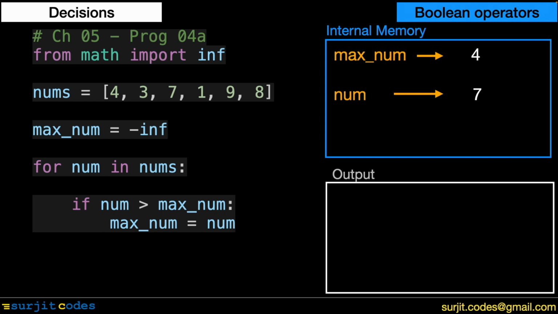Next, num is 7. It is greater than 4, so max num also becomes equal to 7. If statement is not true for num equal to 1, but when num is equal to 9, if is true and max number also becomes equal to 9. Num is equal to 8 is ignored and we come out of the loop and print 9 as the maximum number.